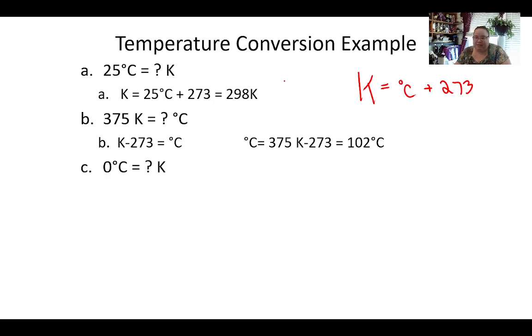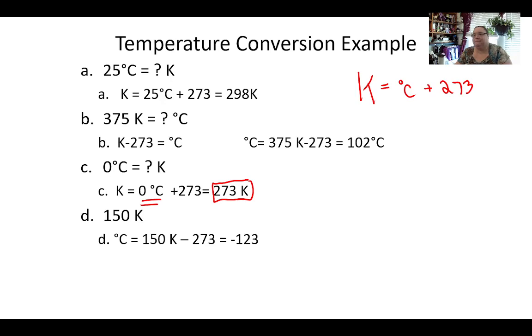So 0 Celsius, that is how we know that at standard temperature, 0 Celsius is 273 degrees Kelvin. So it is possible to have negative temperatures in Celsius. It is not possible to have negative Kelvin. The Kelvin scale is based on absolute zero, which means literally 0 is the absolute coldest that you can get on that scale. But in Celsius, yes, you can get negative values.